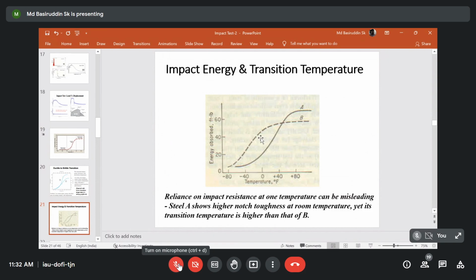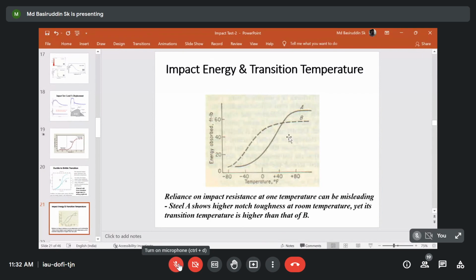vary and how the DBTT will vary. Here, depending on the upper shelf energy, we can also think that the DBTT will also vary. If a material has a high upper shelf energy, then the ductile to brittle transition temperature will shift to the right.